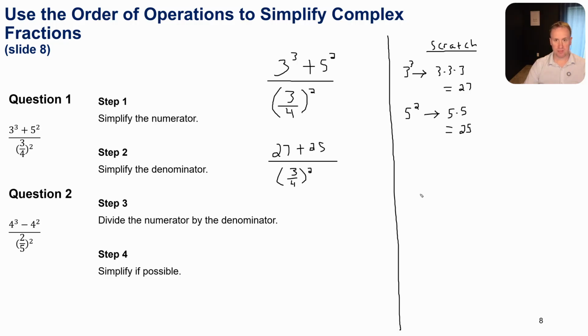Now 27 plus 25, if I did that over here, is equal to 52. So the numerator part is equal to 52 over 3 to the 4th power squared.